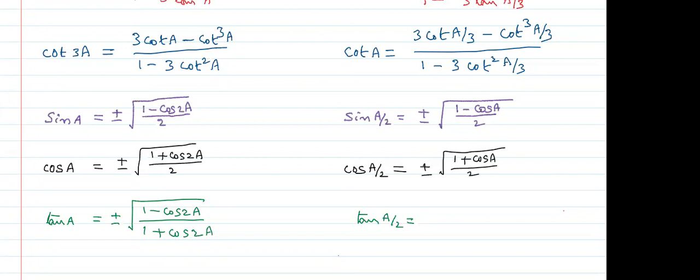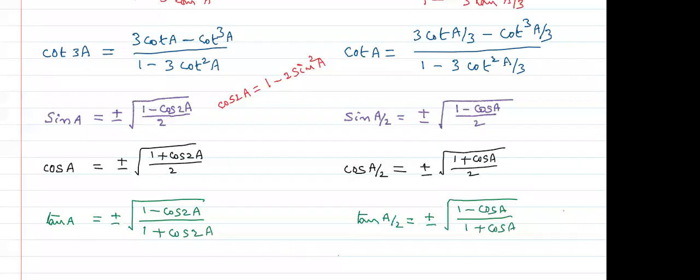Then tan a by 2 formula is plus or minus under root 1 minus cos a divided by 1 plus cos a. This is the submultiple angle formula.